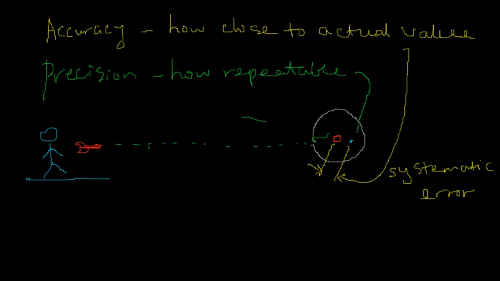So we would expect that around this area there is some random error. Write this out. There is some random error. So although it's very close to this spot, each of his aims could be slightly different. Right? That's the random error.